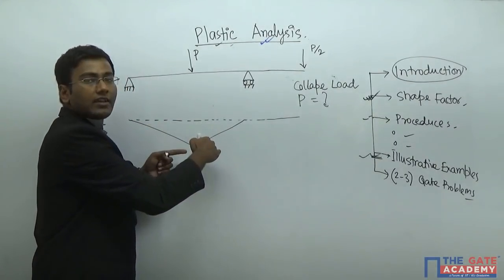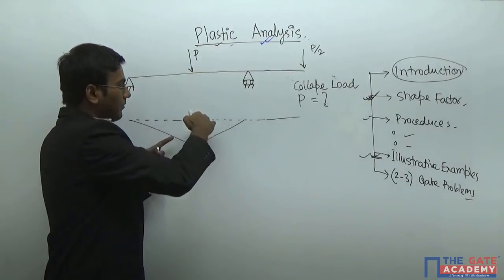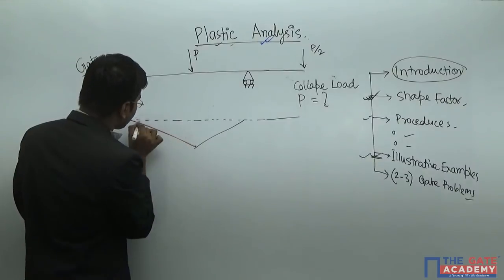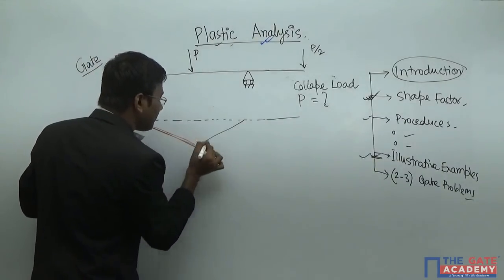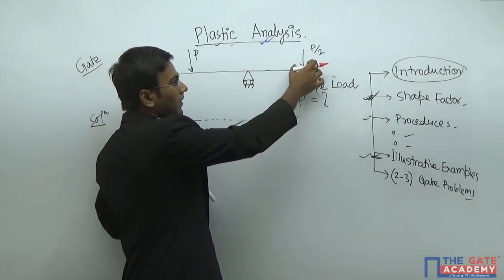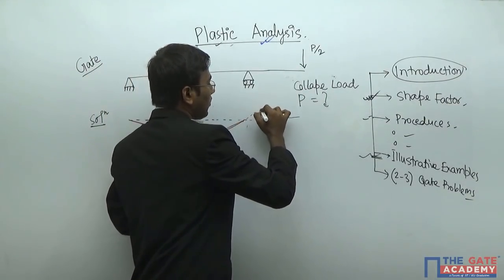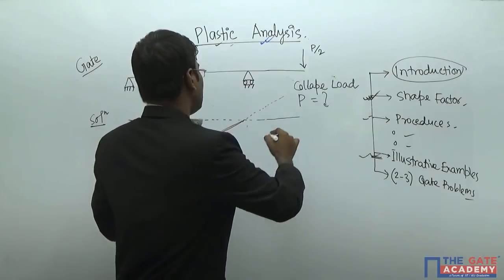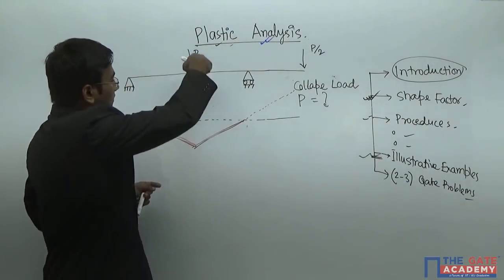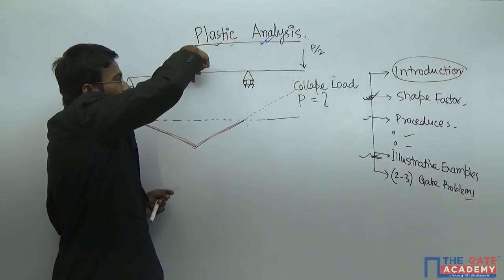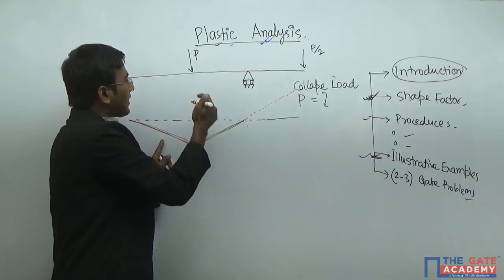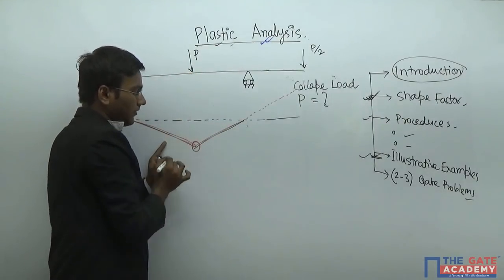After deflecting the real beam into the deflected shape, just imagine this is the deflected shape of the beam. Now what will we do to the other portion? It will go upwards like this. Since we are providing a load P in the downward direction, it will be deflected like this and a plastic hinge will form here.